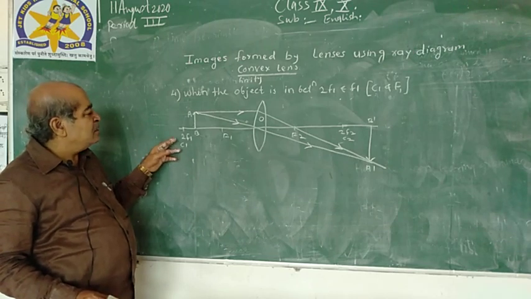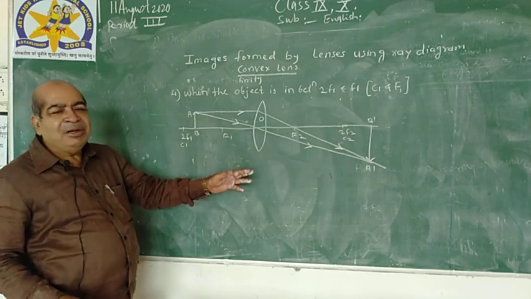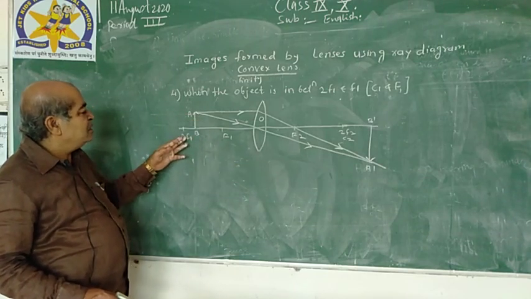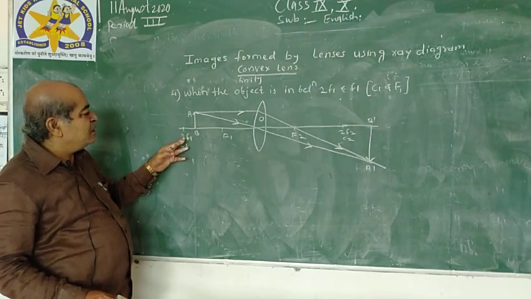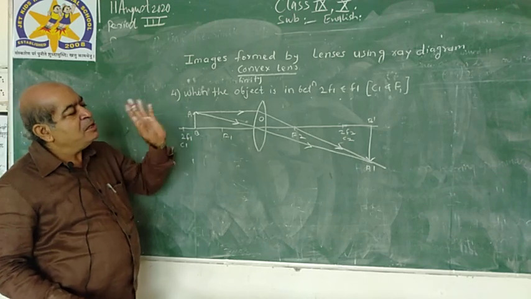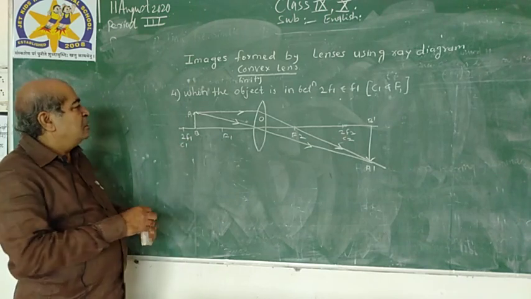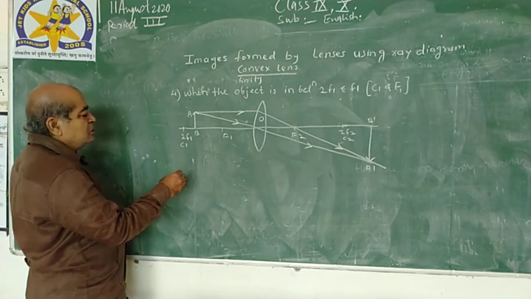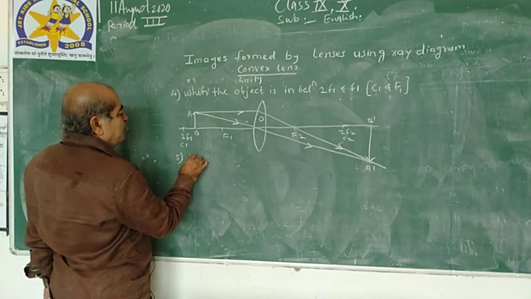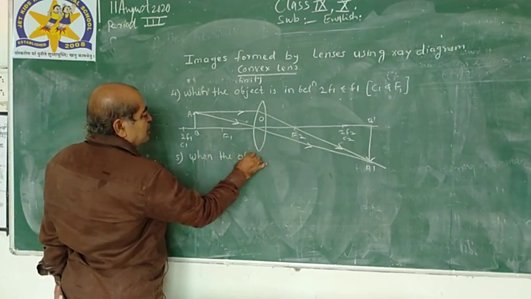In the second case, beyond twice F1, the image is formed between F2 and twice F2. Similarly, in this case, if the object is in between F1 and twice F1, the image is formed beyond twice F2.